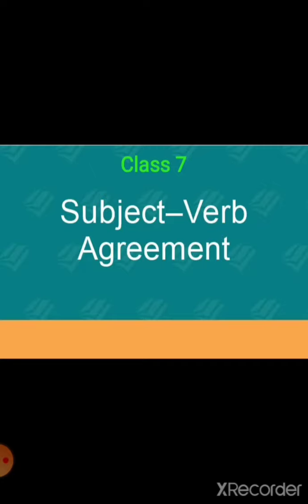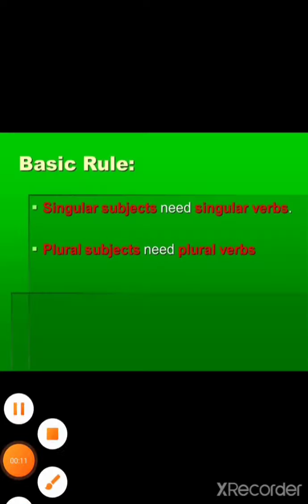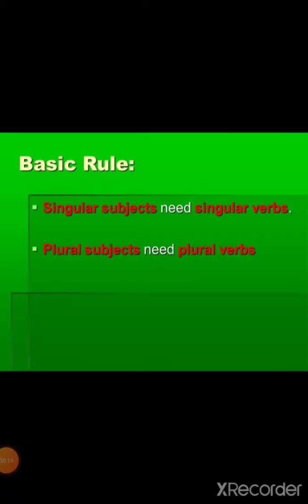So, we have been reading Subject Verb Agreement. We have learned some of the basic rules: singular subjects need singular verbs, plural subjects need plural verbs, and if there are two singular subjects joined by and, then the plural verb will follow.